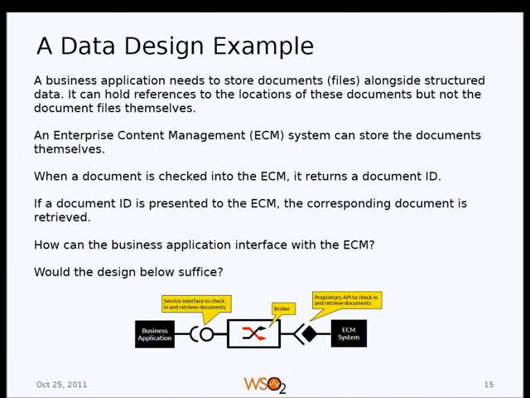So the question is, clearly, looking at the diagram, you have a business application on the left that knows how to make certain service calls. The ECM service on the right offers a certain piece of functionality, but it speaks a proprietary API. So looking at what we just discussed at the technology layer, we know that the correct component to use here is a broker.